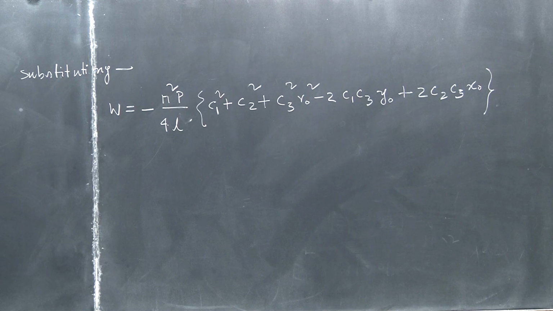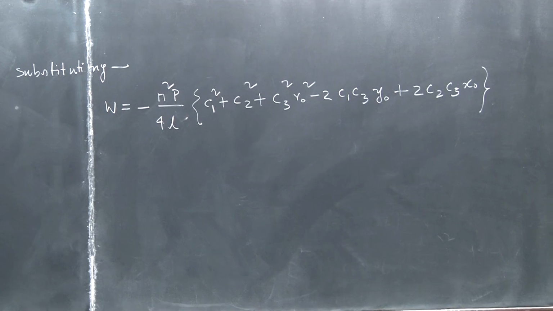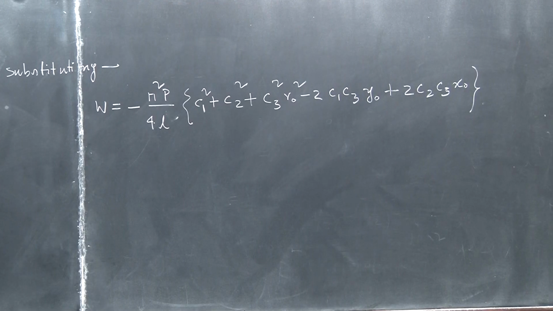What are x0, y0, r0? x0, y0 are the coordinates of the CG, and r0 is the polar distance.